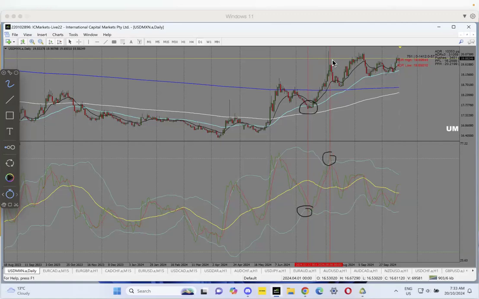This shark fin is showing me a reversal. You get the point? So both shark fins are important.